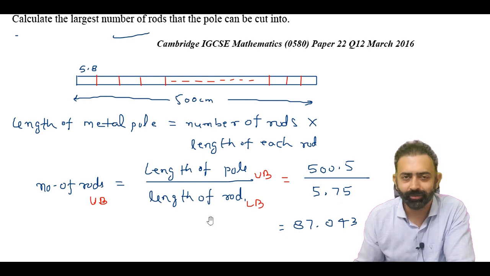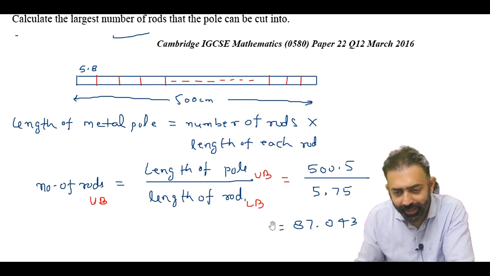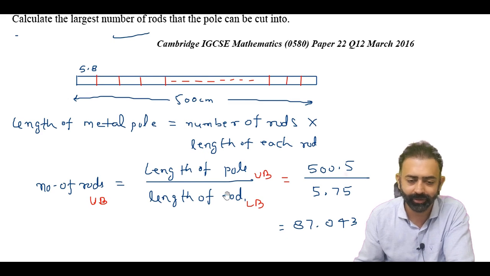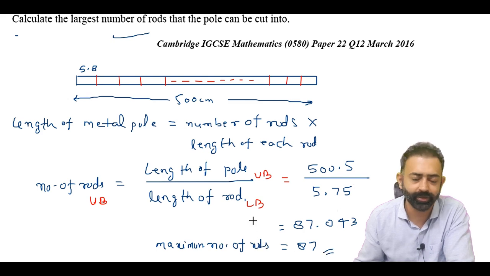I'm asking this because there are two possible ways of giving the answer. One is that if you round this number, the answer is 87, of course. The final answer is 87: the maximum number of rods is 87.